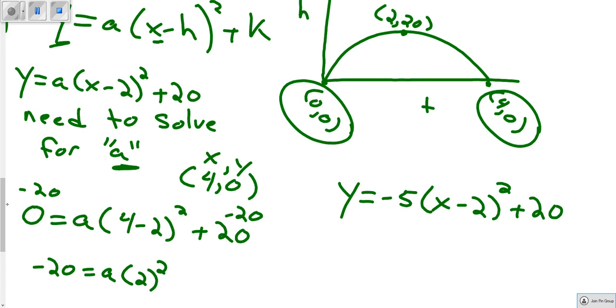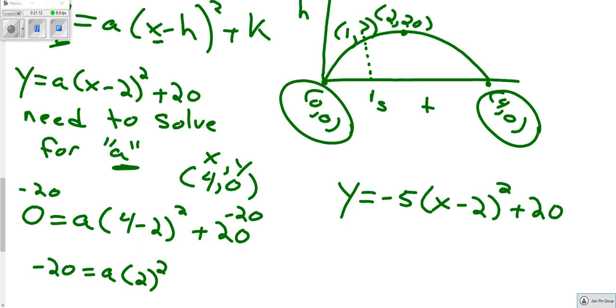So if you wanted to know where the ball was after 1 second, you would plug your number 1 into here, and that'll tell you what the height of the ball is.